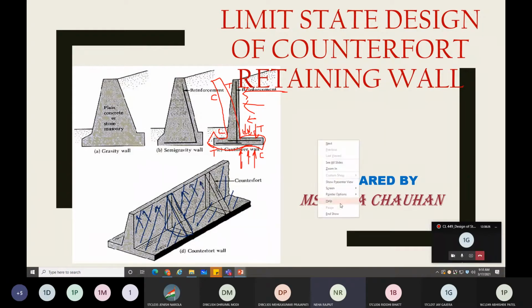Now how does this wall behave due to this? Just imagine that this is your elastic scale, and this scale is supported at some regular interval, and you are pushing a force on the scale. That elastic scale will deflect due to this pushing force, and the deflection in the span at this portion will be like this.